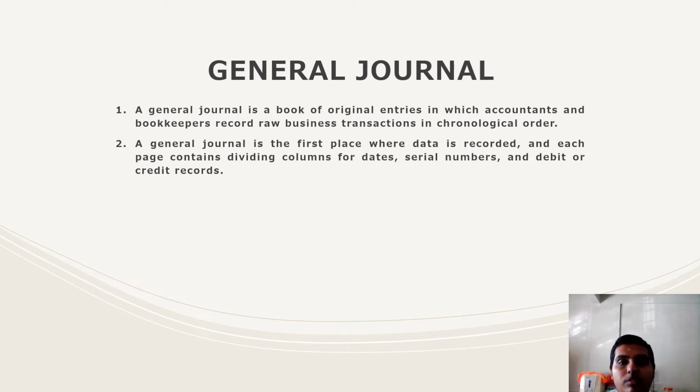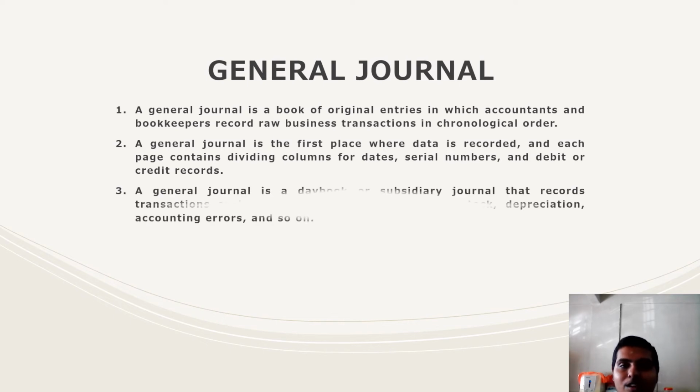The serial number I have stated is actually the source document number, where we collected the transaction data, and then the debit and credit records, which are the figures or the amounts involved.